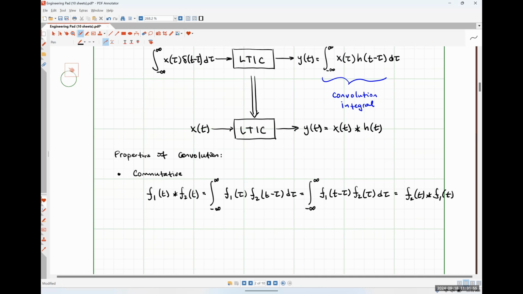So the order doesn't matter. Just like multiplication where 5 times 3 is equal to 3 times 5, the same thing applies to the convolution operation.